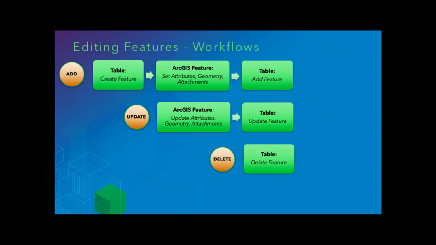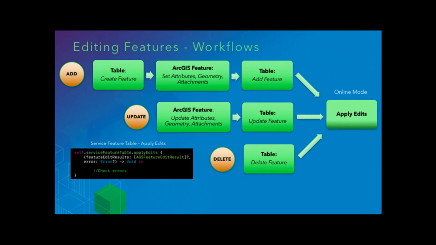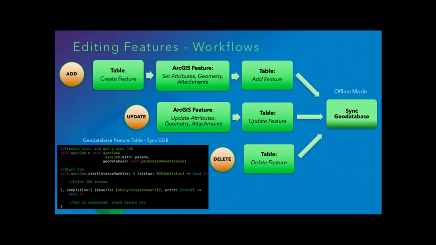So with all these operations being common between online and offline, the difference between them comes when you want to send local edits to the server. In online mode, the local edits are applied through an apply edits method. And in offline mode, as I discussed earlier, local changes are synced to the service through the sync job. And updates on the server can also be optionally brought down at this stage.